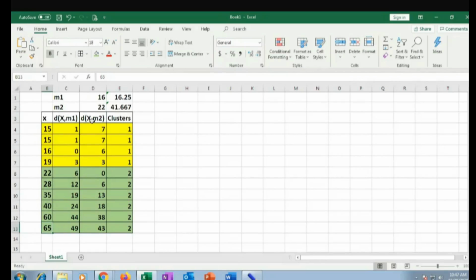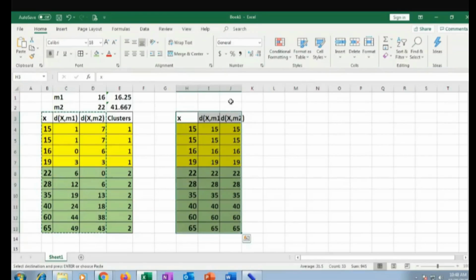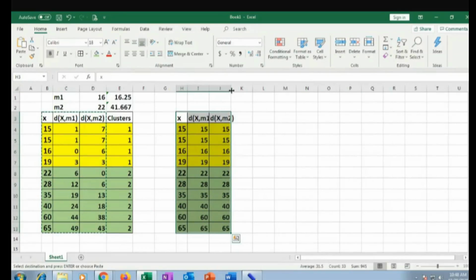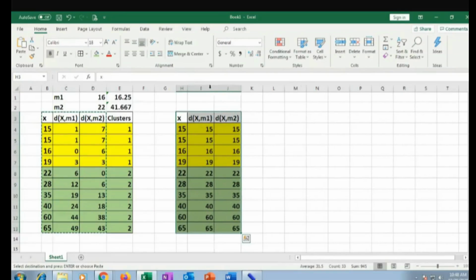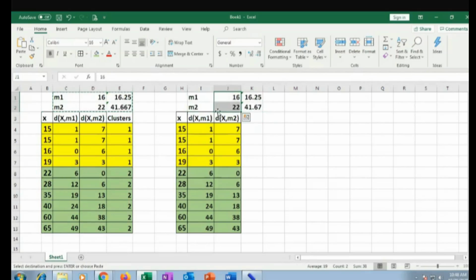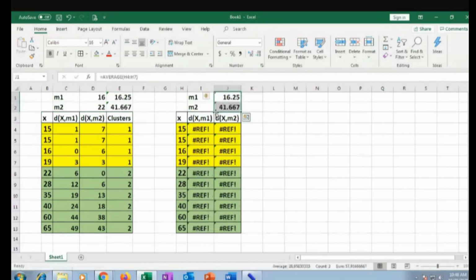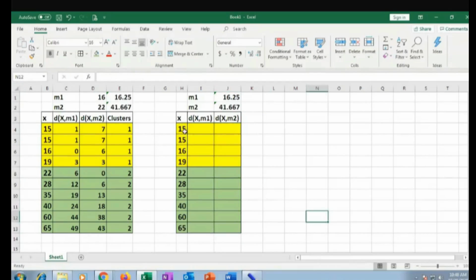Now what you have to do is, again, I'll just copy this on this side. Now you have this, and you have the new values of m1 and m2. Then I'll delete this, and now you have to find out again the distance with this.